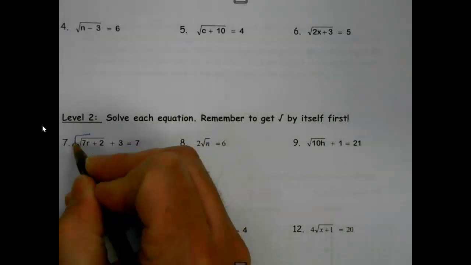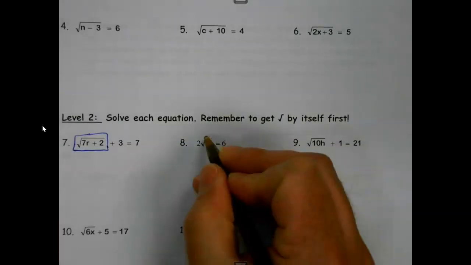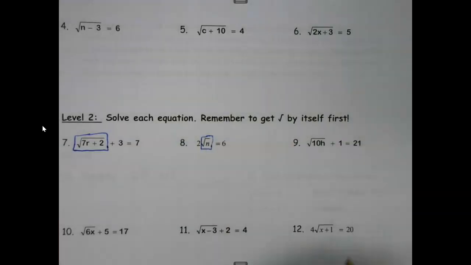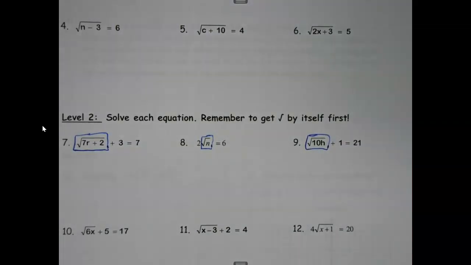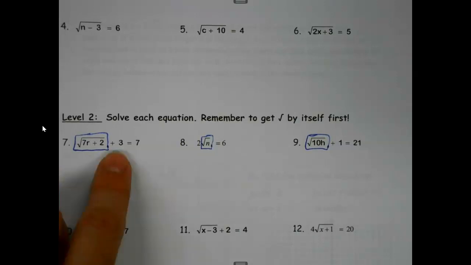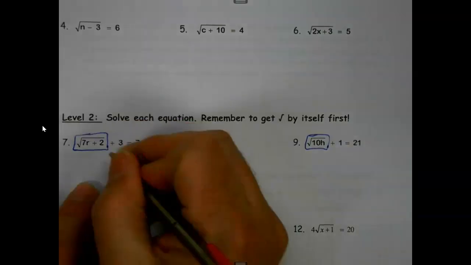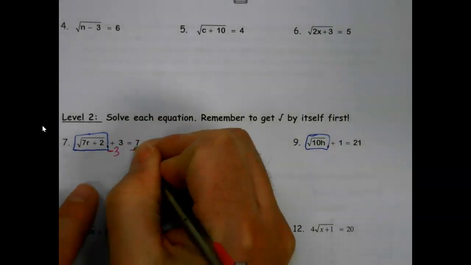So these are the ones that my first job is going to be to work on getting that radical by itself first. So whether that's, I'll get you that first step started on these first couple. You know, I'm adding 3 to this. I do my opposite.